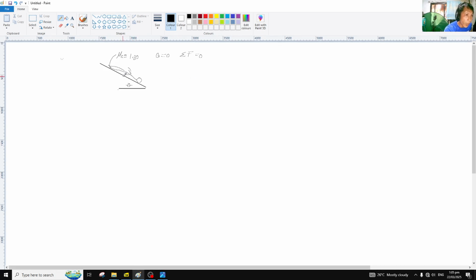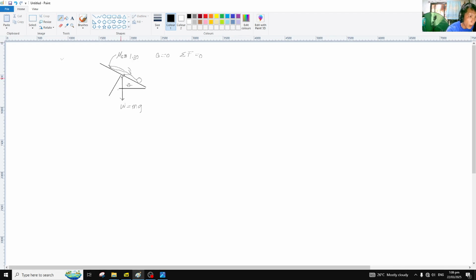Of course, you have a weight which is going down. That is the weight of the patient, which is mg. You have the normal force, which is normal to the incline, 90 degrees with the incline.